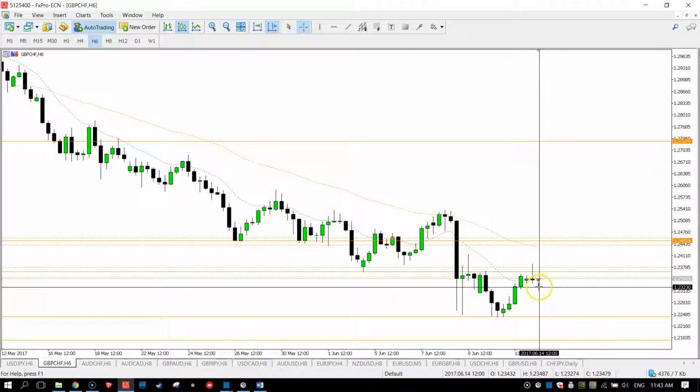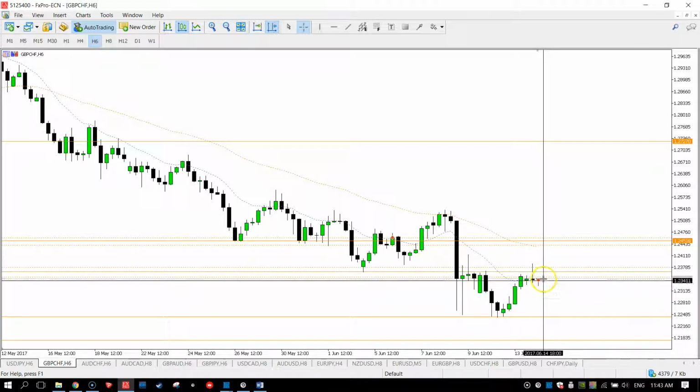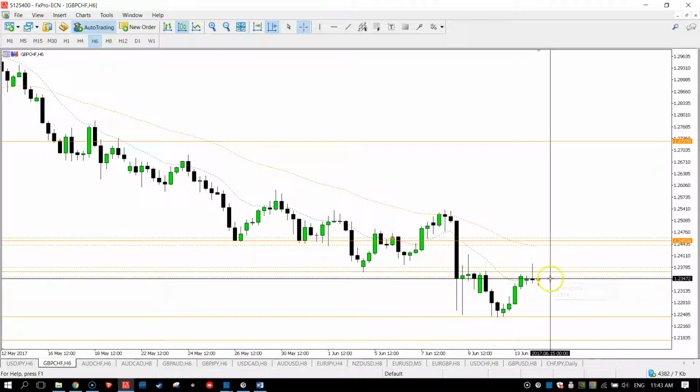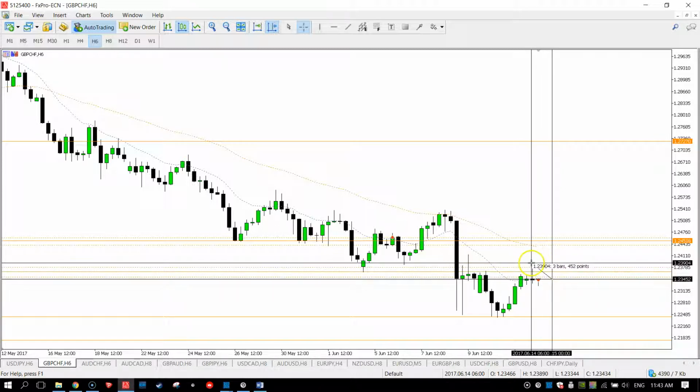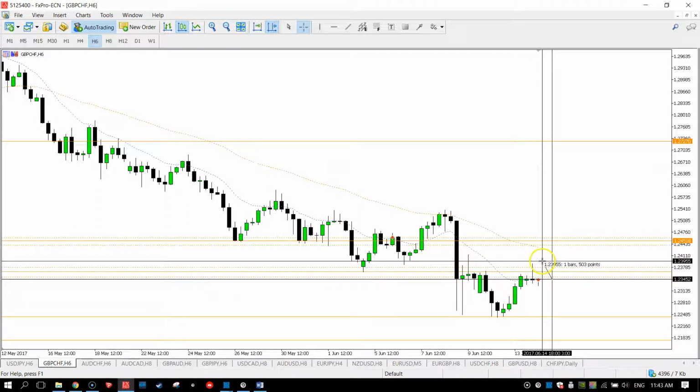I was a bit lucky. I waited for the break, price retraced a little, and I entered around here, the 2349, 48 mark around, even 45 is fine. The stop would be just above the high of the indecision candle, so mine is at 50 pips at 2396.